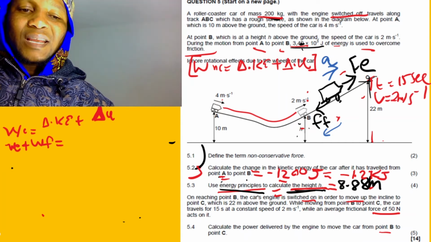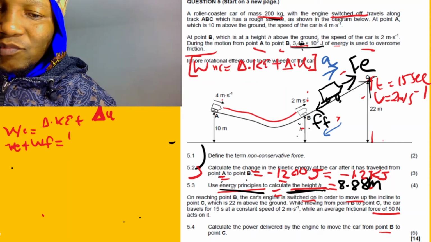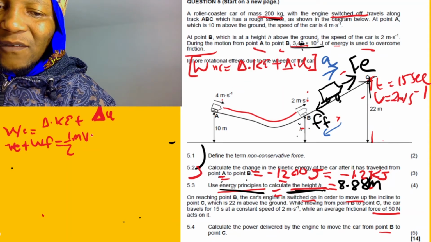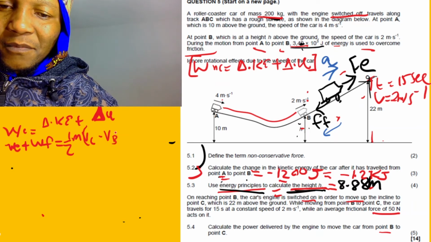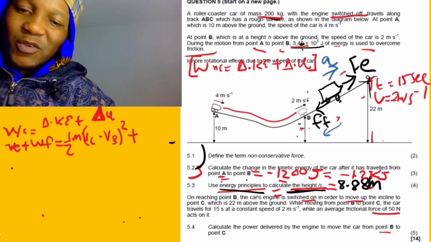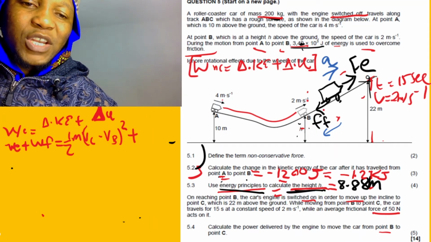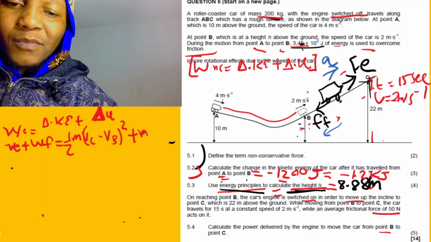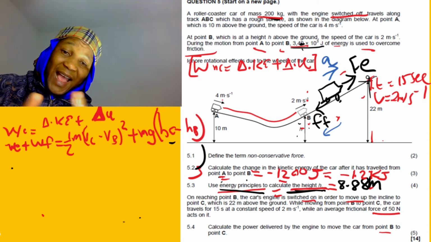Equal to change in kinetic energy from B to C. So we have half mass, velocity at C squared minus velocity at B squared, plus potential energy. We have two potential energies at B and C, so we say m g, bracket h at C minus h at B, because there's a change in height.